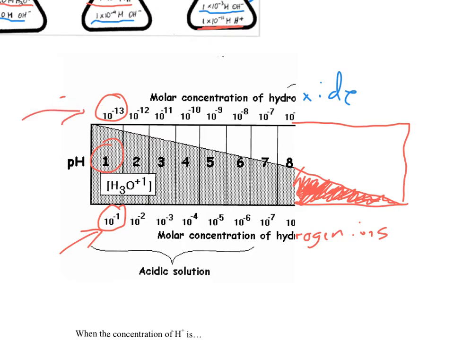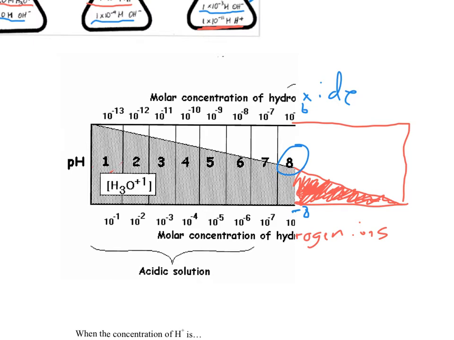If you were to go to the other side of the pH scale, I'm just going to use 8 because that's what I have right here, but your side should go all the way up to 14. It's not that it matters that much, but in a pH of 8, for example, we've got times 10 to the negative 8th, and this one is times 10 to the negative 6th.